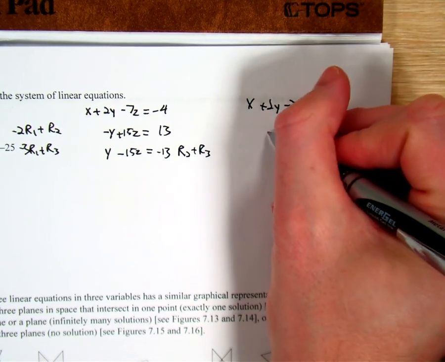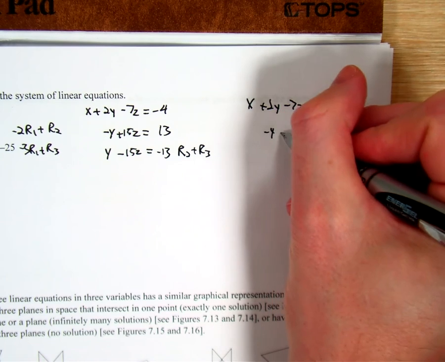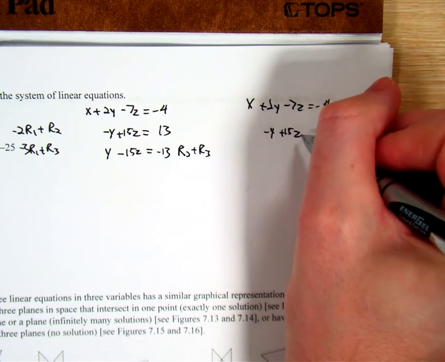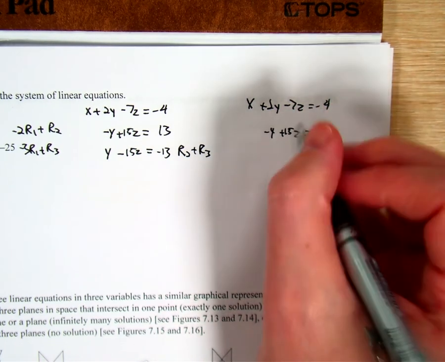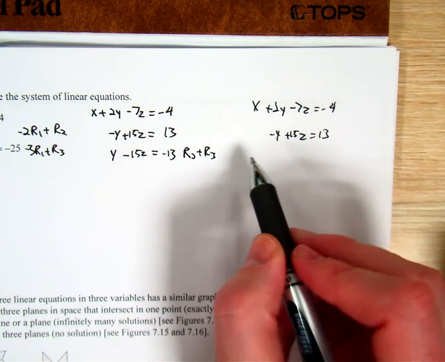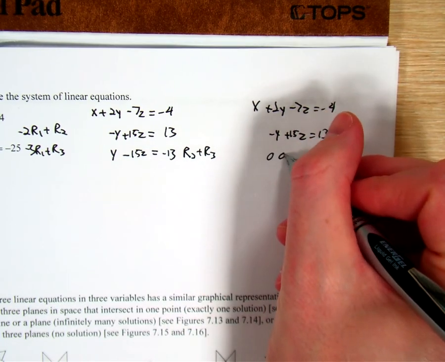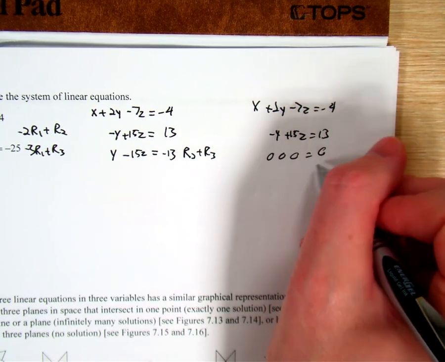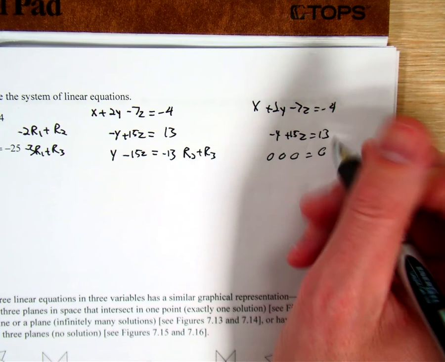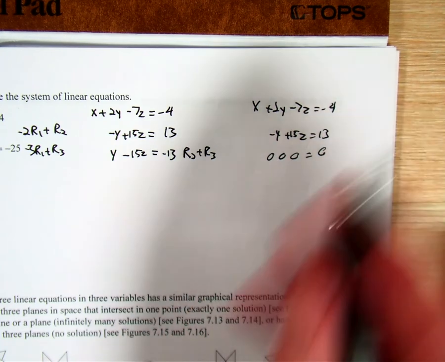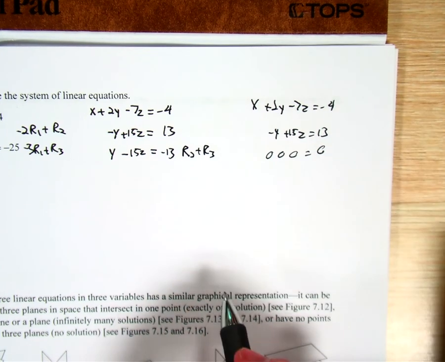They should cancel out, right? So we're going to add those out. 0, 0, 0 equals 0. 0 plus 0 equals 0. That is true. Means we're going to have an infinite number of answers.